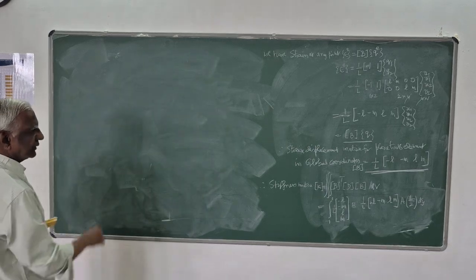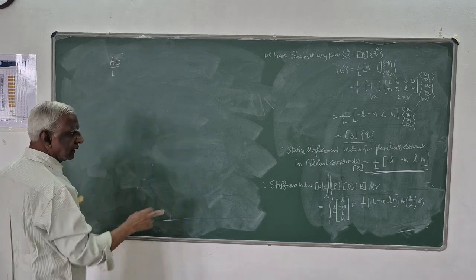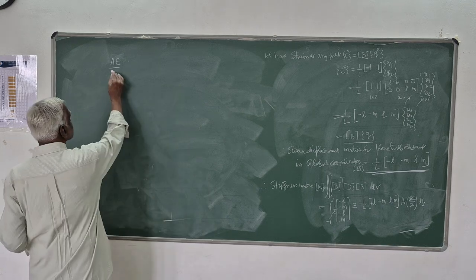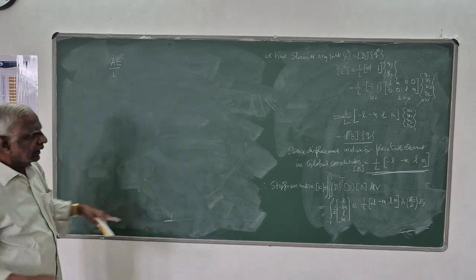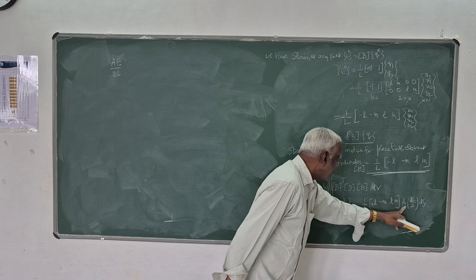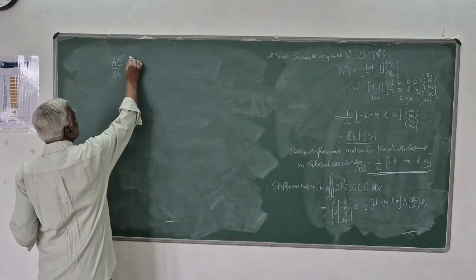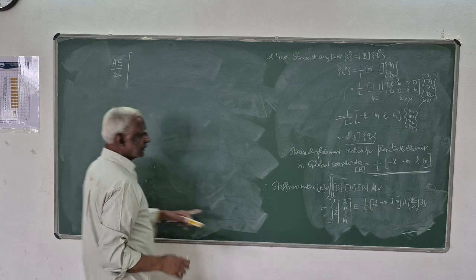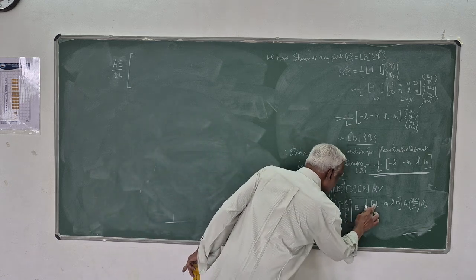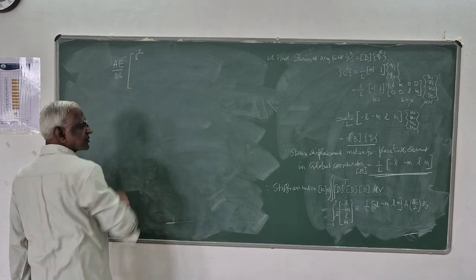If you simplify this, it is AE by 2L, since one L cancels. Now multiply minus L into L, minus L into minus L, so this is L square.